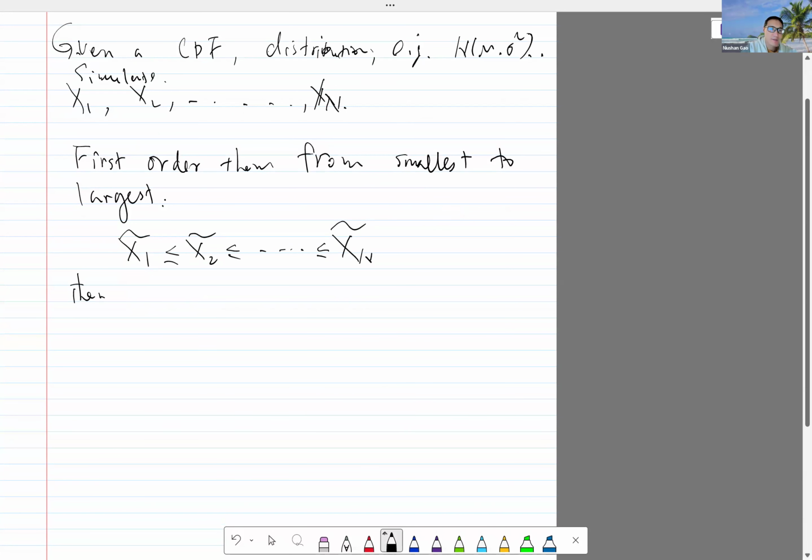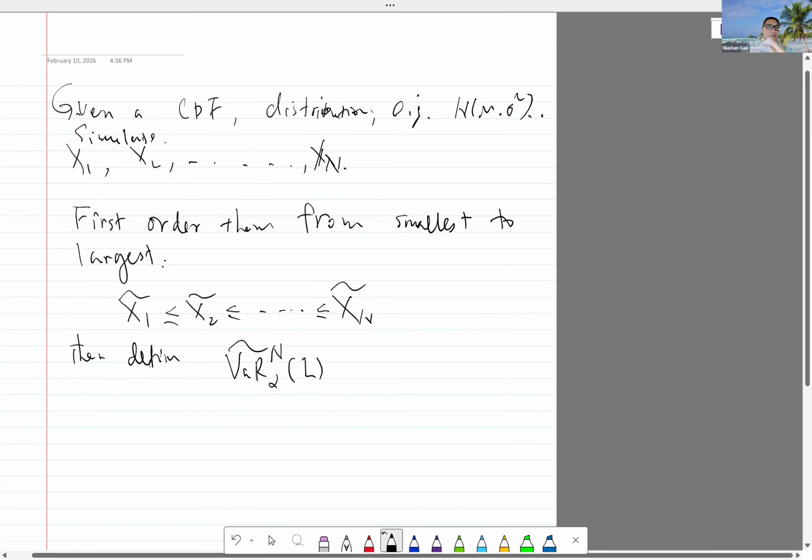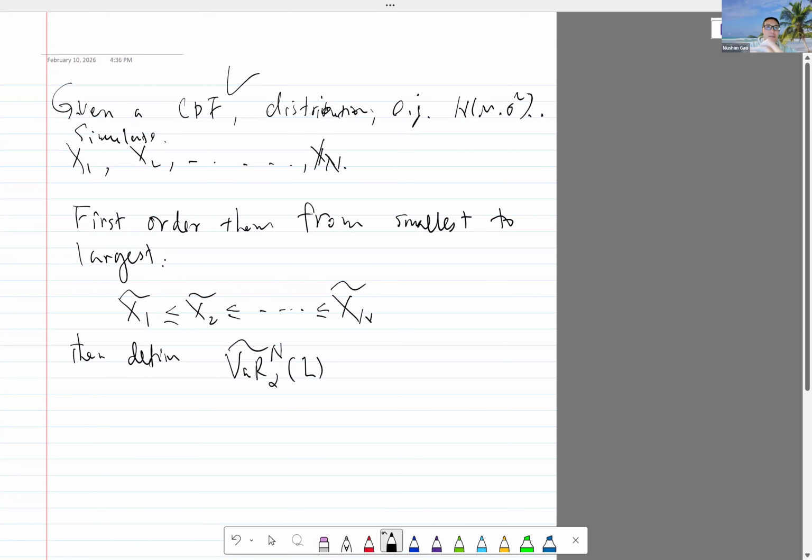Then we define value at risk tilde alpha. I put a capital N there to show that it's that of L, the same as the L CDF.